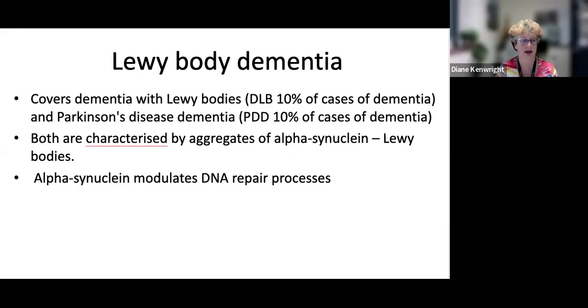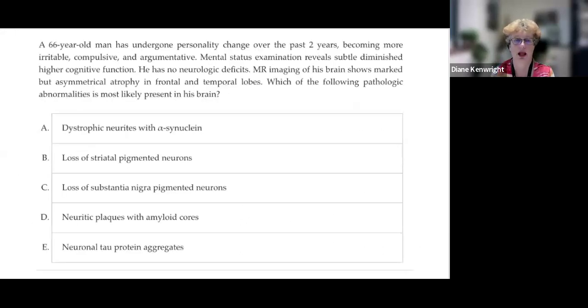Okay, so here's a couple of MCQs. A 66-year-old man has undergone personality change. Oh, you should already be thinking, frontal lobe, okay? Becoming irritable, compulsive, argumentative. He has diminished higher cognitive function, and he has marked asymmetrical atrophy in the frontal and temporal lobes.